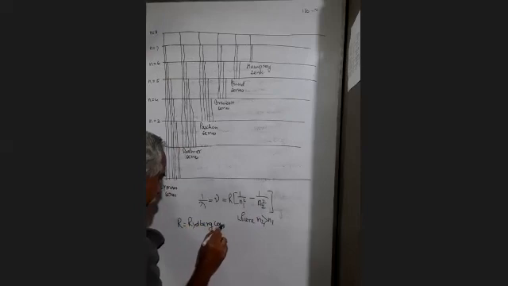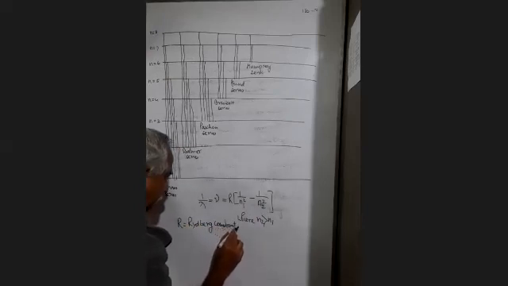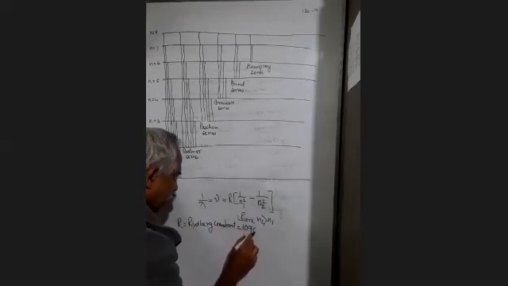And R is called Rydberg constant, equal to 109,677.